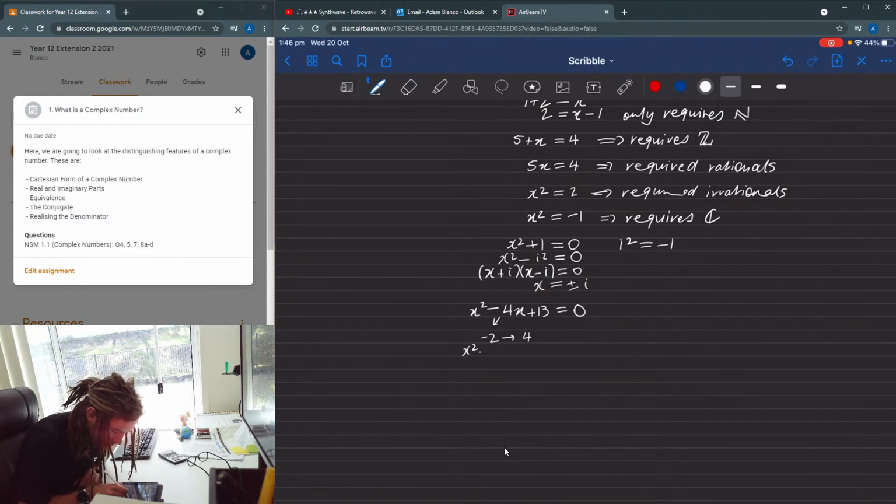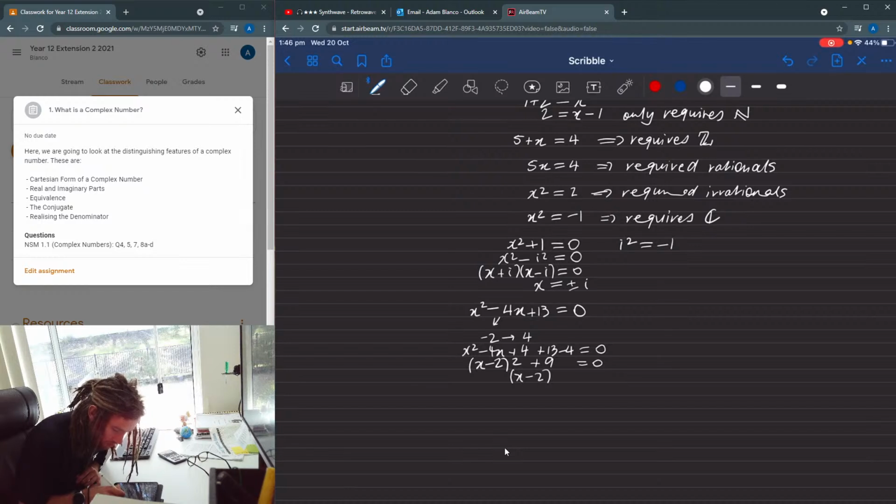So x squared minus 4x plus 4 plus 13 minus 4 equals 0. So I've just added this 4 and taken away this 4. So this thing factorizes nicely to that, plus 9 equals 0.